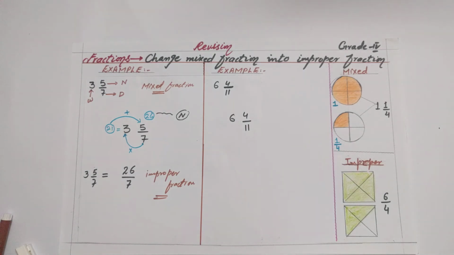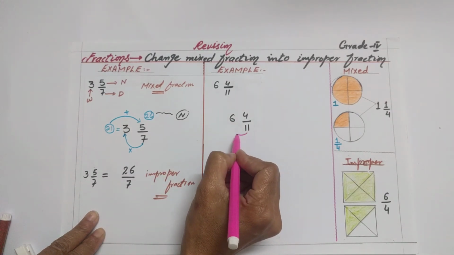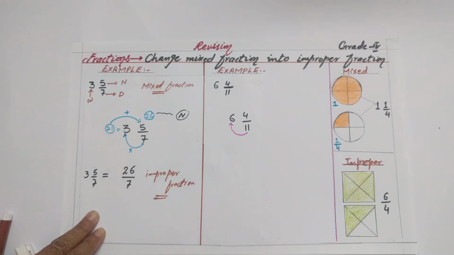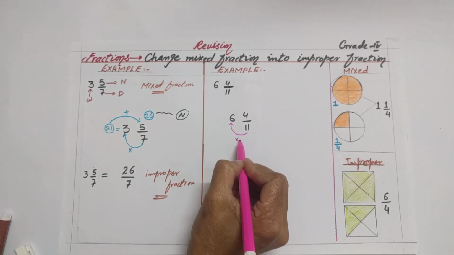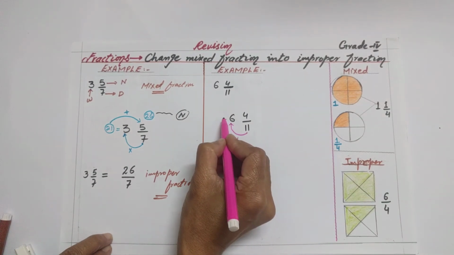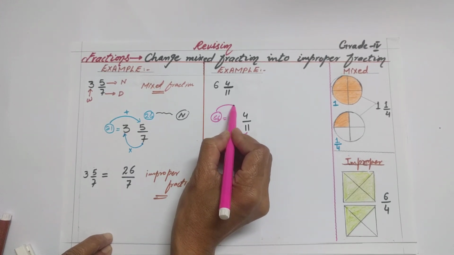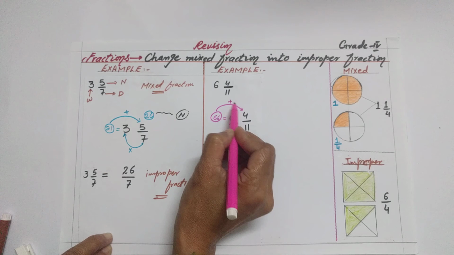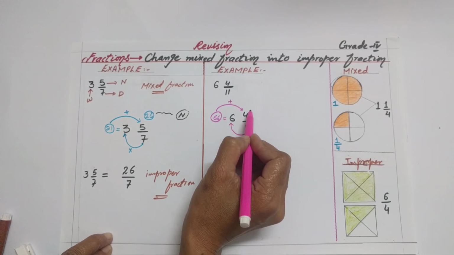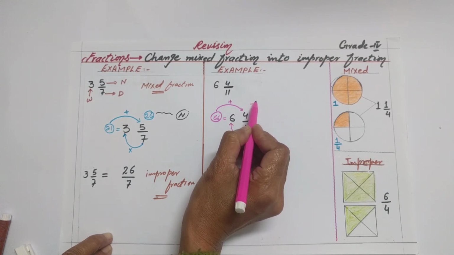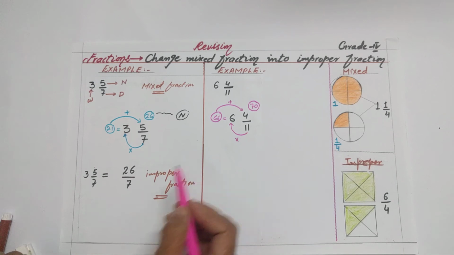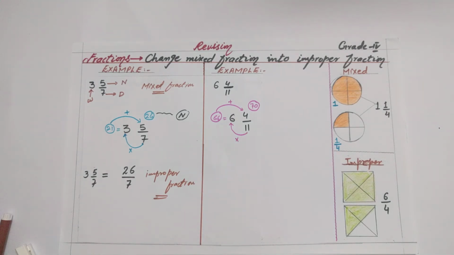So according to the rule, firstly we will multiply this denominator by the whole number. 11 6s are 66, and then we will add this answer to the numerator. So 66 plus 4 is equal to 70.